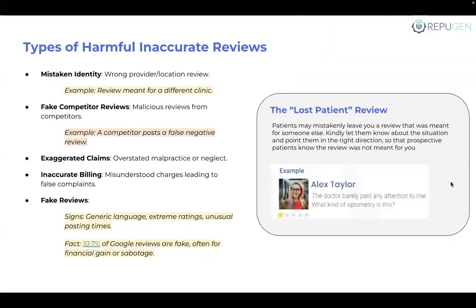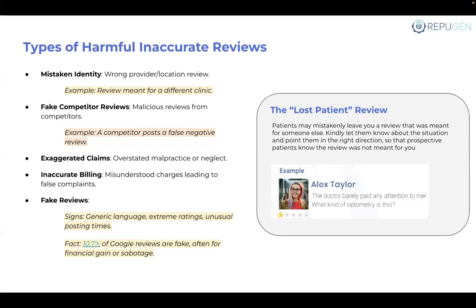And so now let's look at some specific types of harmful, inaccurate reviews that can damage your practice's reputation. So again, here's an example of mistaken identity, if it's for a wrong provider or location. There are fake competitor reviews, so malicious reviews from competitors.